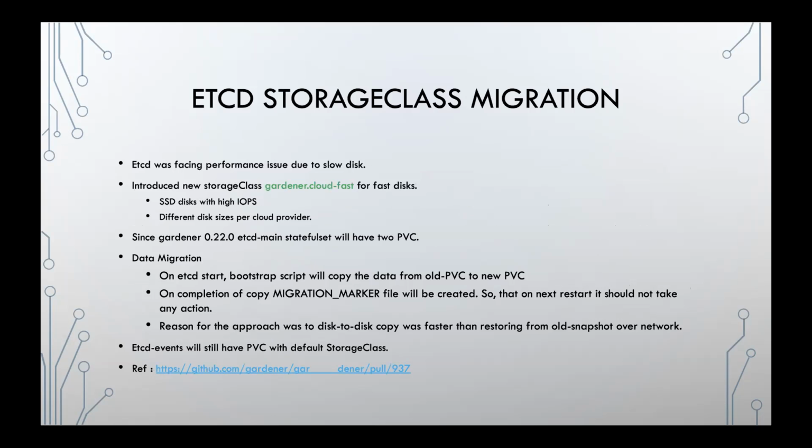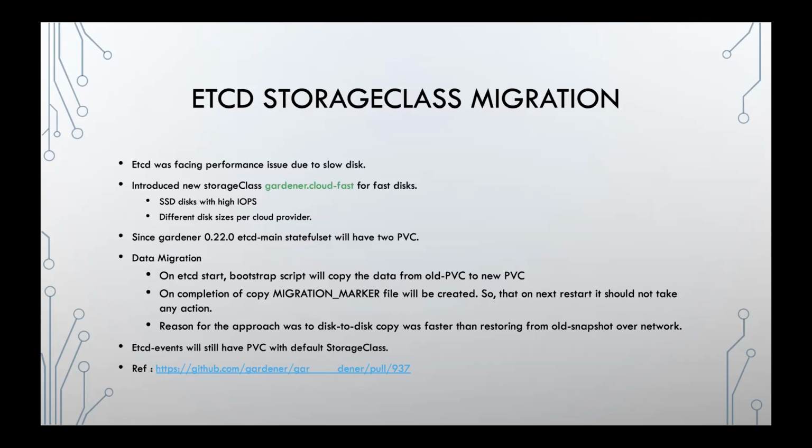So earlier, Gardener used to have the default storage class for the PVC that was a part of the etcd stateful set. Then we faced some disk latency issues, and we were observing throttling issues while monitoring disk performance. So we wanted high IOPS.